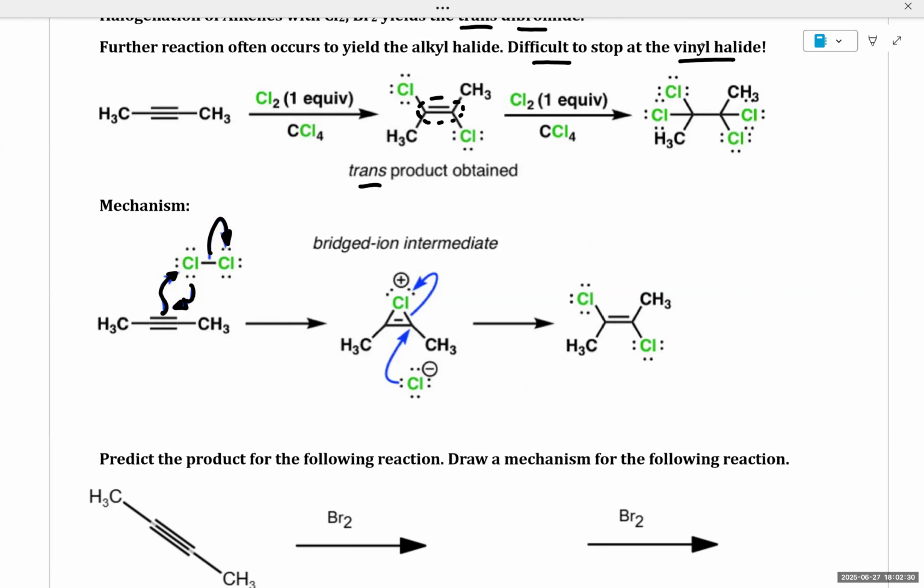This ion intermediate is very strained, and it's not as easy to make as if you had this reaction involving an alkene. Nonetheless, this bridged ion intermediate can be attacked and opened from the opposite face, and that's why we get the trans 1,2 dihalide.